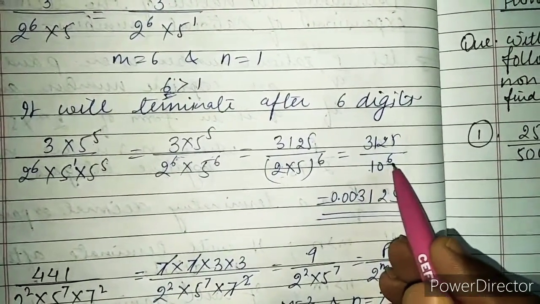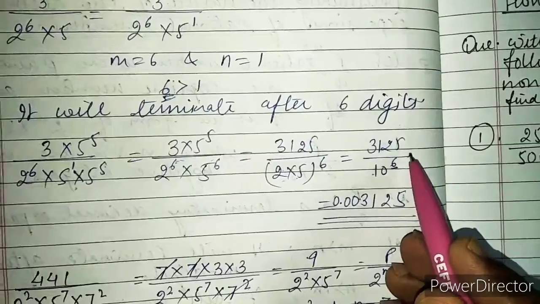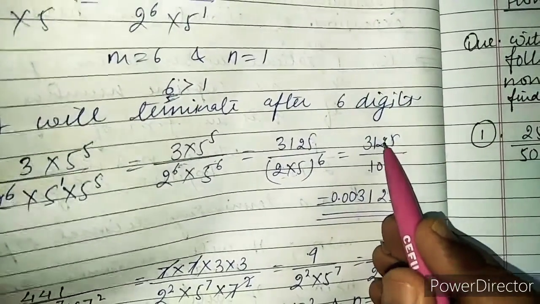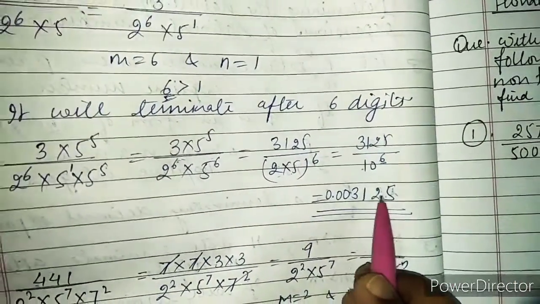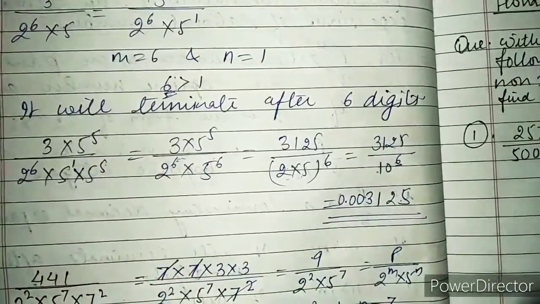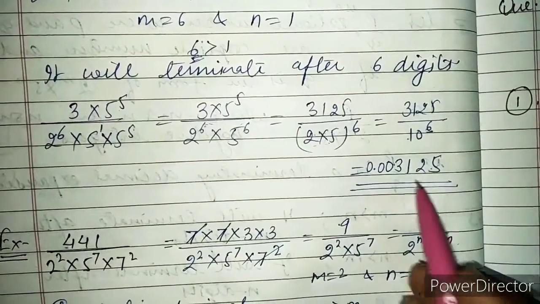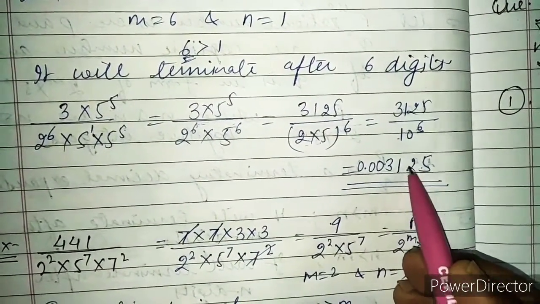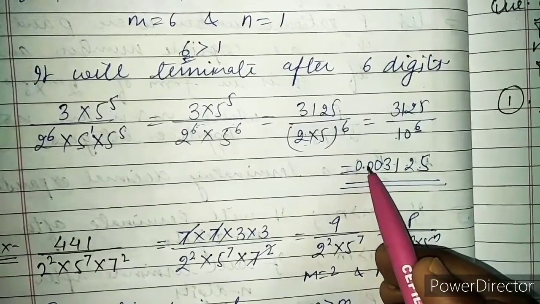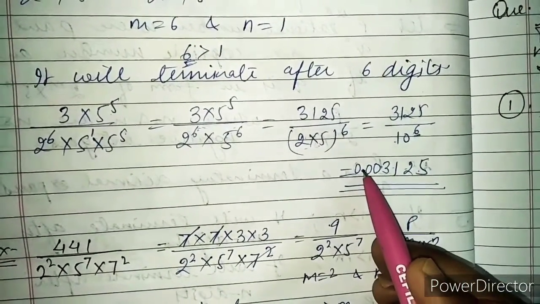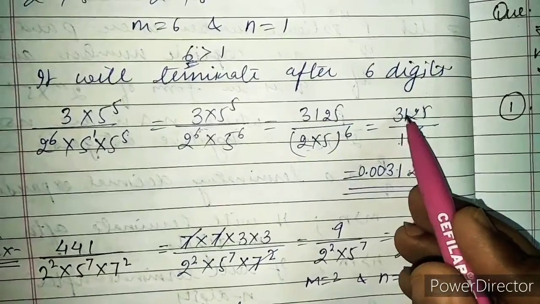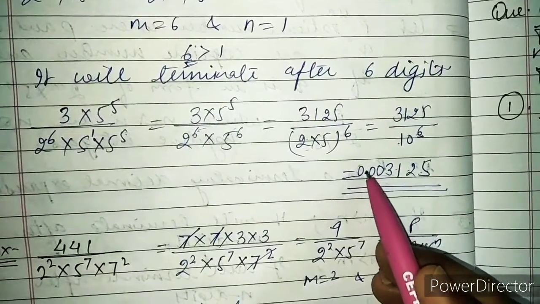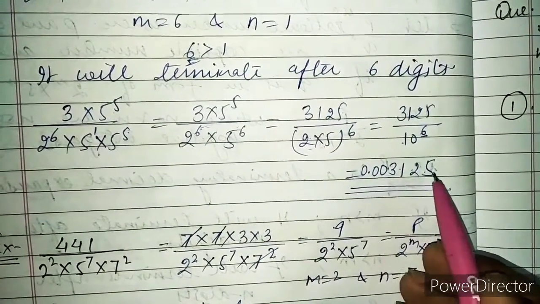Now see, after 6 digits it will get terminated. So after 6 digits means 5 2 1 3 and 0 0, 1 2 3 4 5 6. After 6 digits we will have to place the decimal. Here 4 digits are there only, so we'll have to increase the number of 0s so that it will become 6 digits.